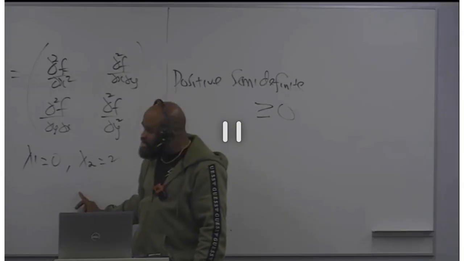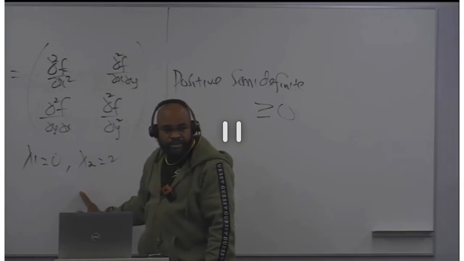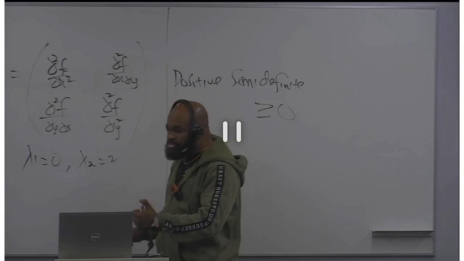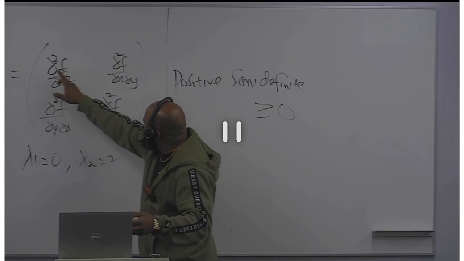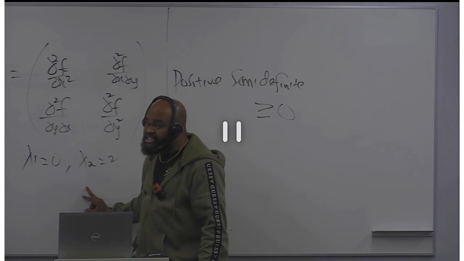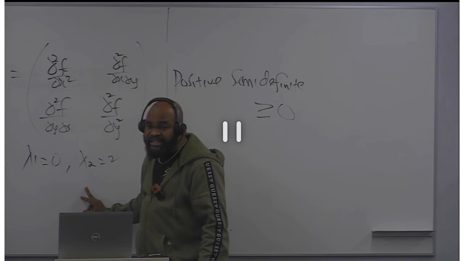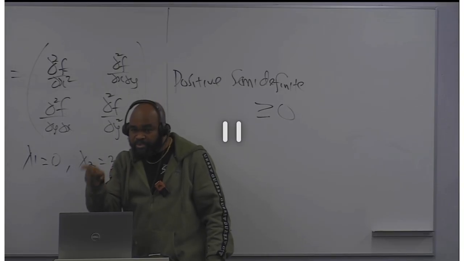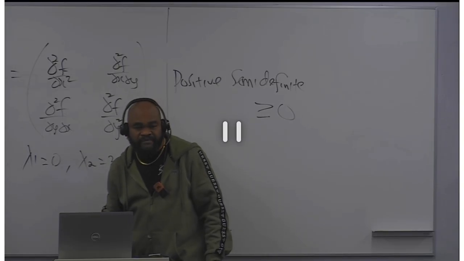If that happens, then that is convex. Does that make sense? But in a situation where we have positive and there's no zero, that is positive definite. Positive definite implies strictly convex.